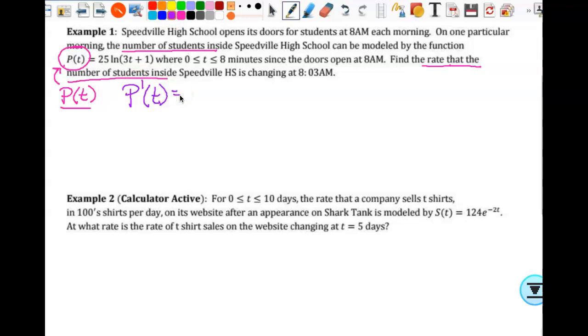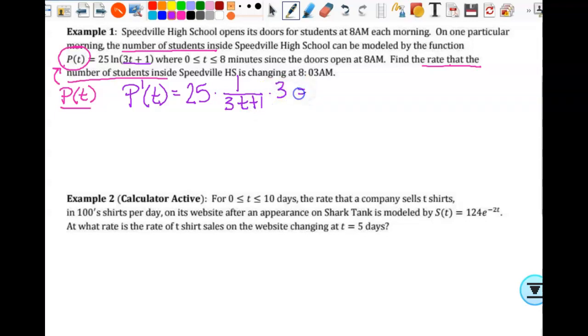So I have 25 times the natural log of 3t plus 1. What process, derivative rule, whatever, are we going to use to take the derivative here? Chain rule, okay? Because we don't just have the natural log of t, it's the natural log of another function. How do you take the derivative of any natural log? 1 over whatever we're taking the log of, right? And so this is going to be 25 times 1 over 3t plus 1 times, what's the derivative of 3t plus 1? 3.